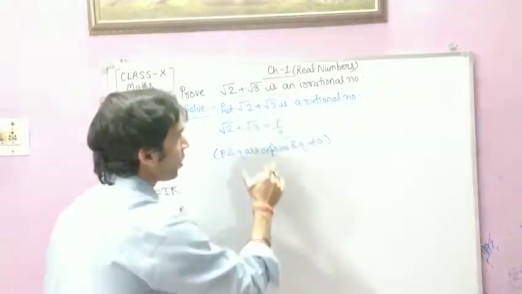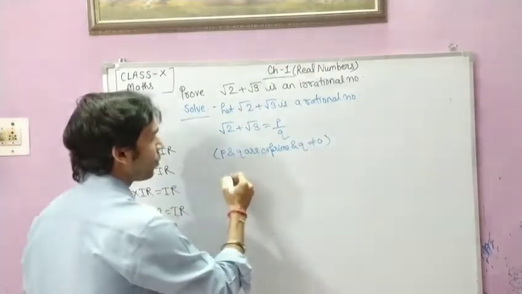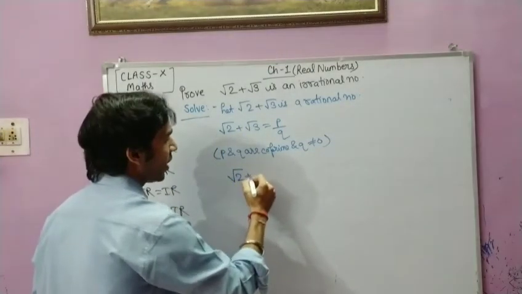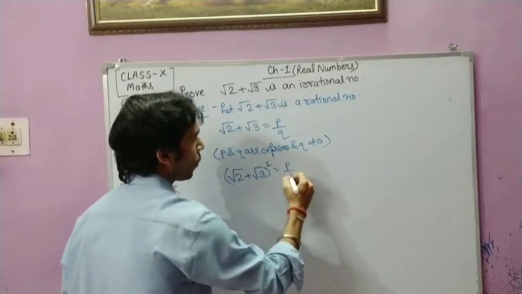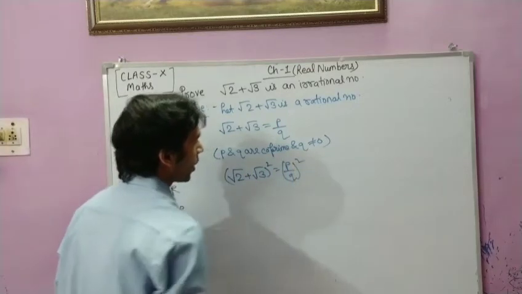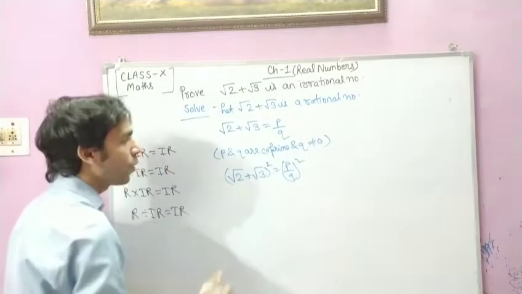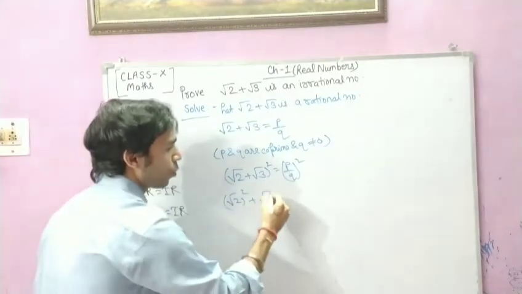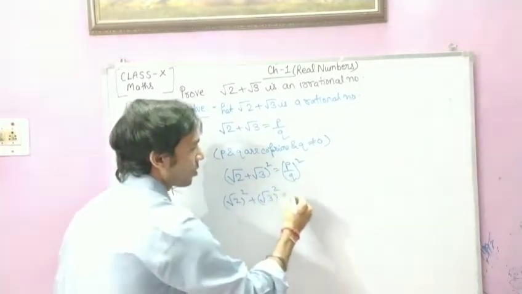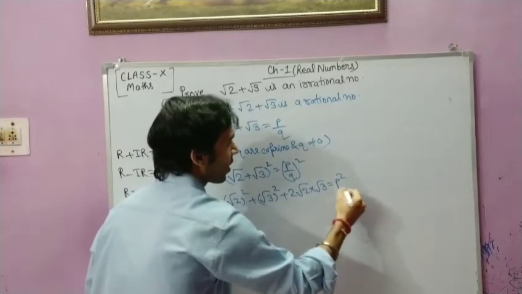So when we do the squaring of this statement, what we will get? Root 2 plus root 3 whole square will be equal to p upon q whole square. Now it can be expanded using the formula of a plus b whole square. So root 2 square plus root 3 square plus 2 into root 2 into root 3 is equal to p square upon q square.